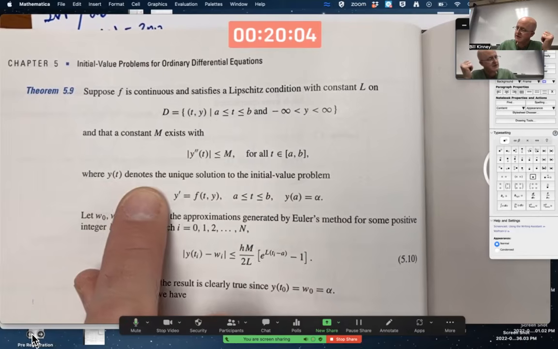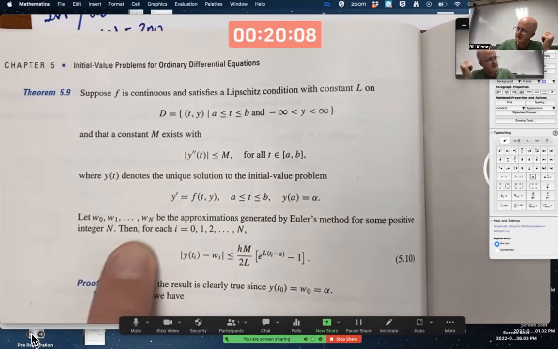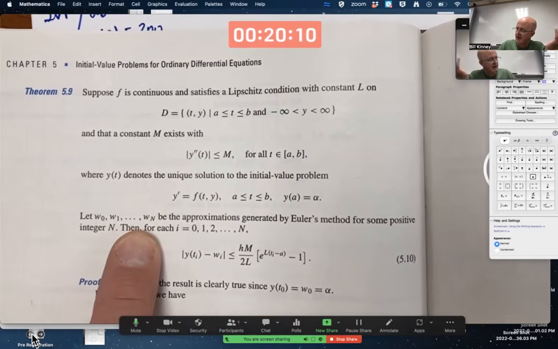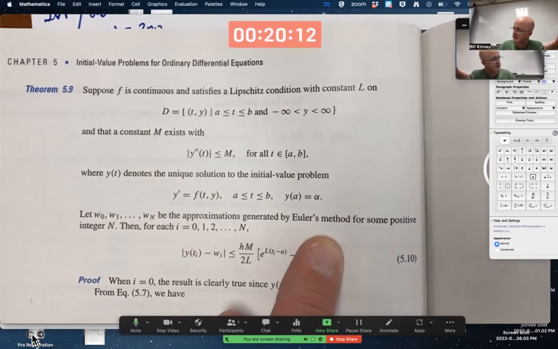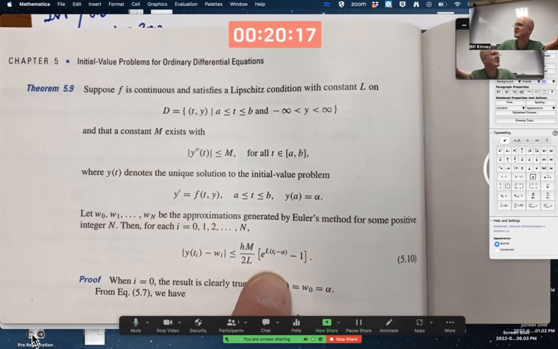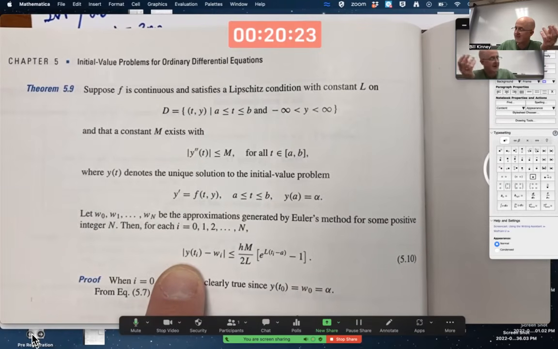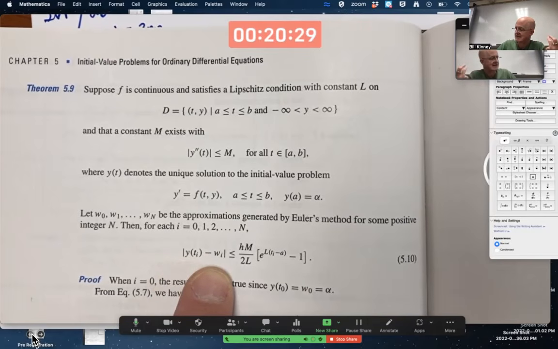Where y of t denotes the unique solution of the IVP. Suppose these are your values of w, your approximations generated by Euler's method. Then this inequality is true. What's that? That's your absolute error, right? y of t_i would be the exact value of your exact solution at the input t_i. w_i is supposed to approximate that.